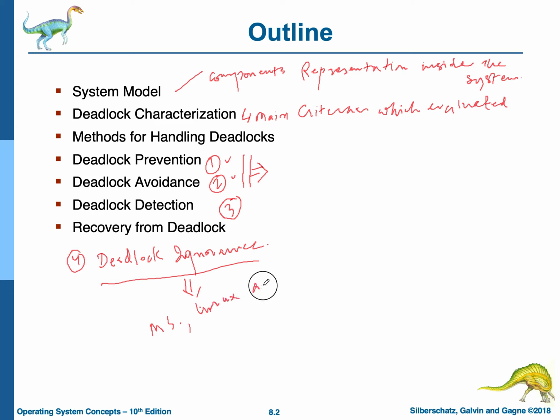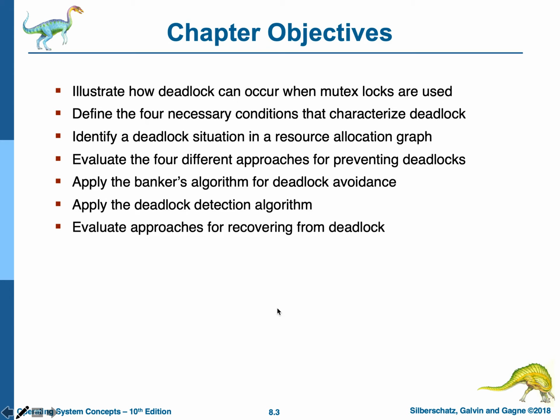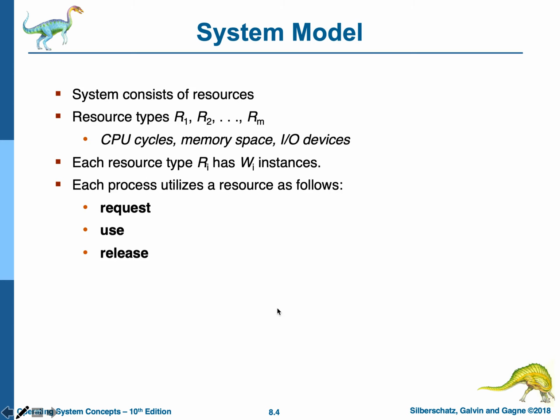Many more operating systems ignore it and pretend that it is not there, because the frequency of occurrence of a deadlock is very low. So this is the outline of the course and the chapter objectives, and then we come to the system model.